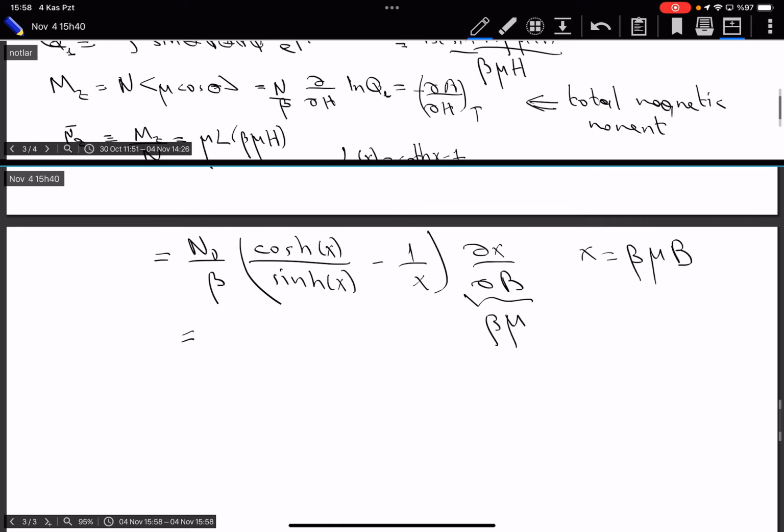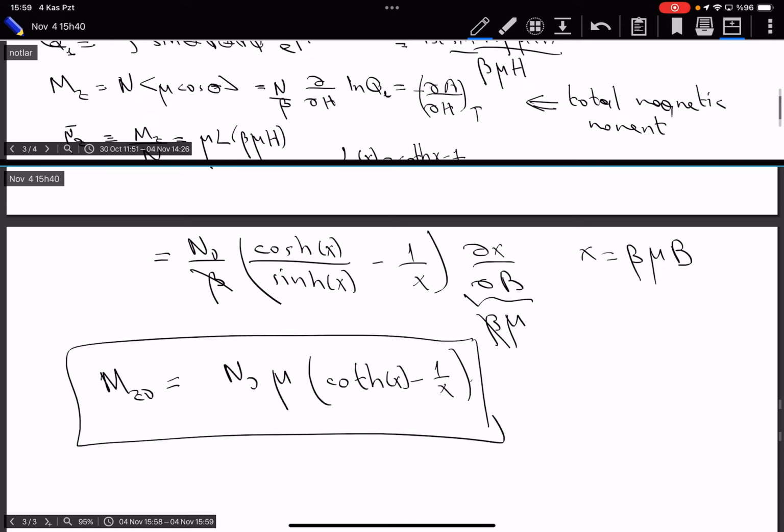So the betas will cancel, and we are left with the magnetization as N0, the number density, times mu times coth X minus 1 over X. This is the magnetization of the system.